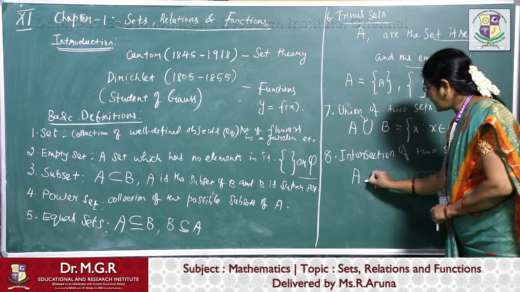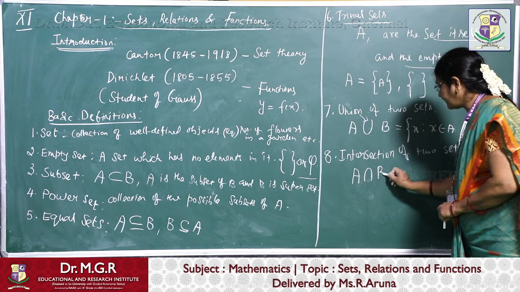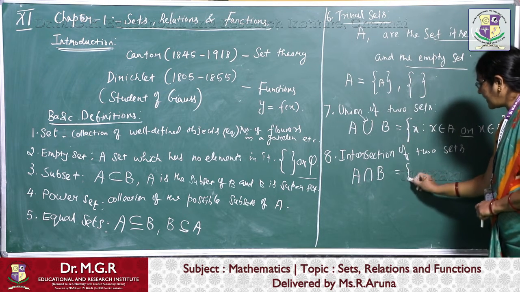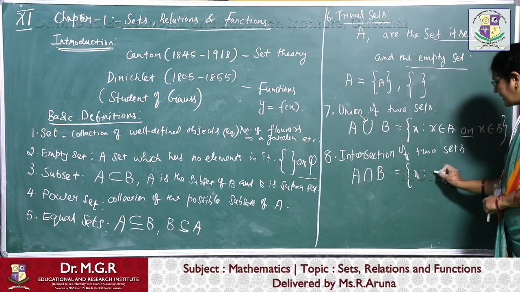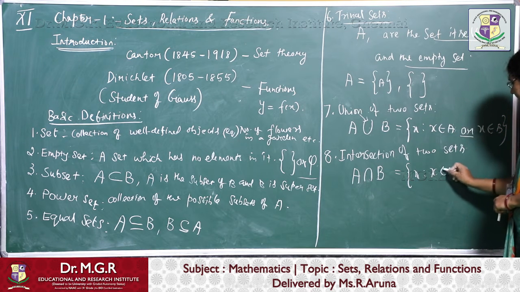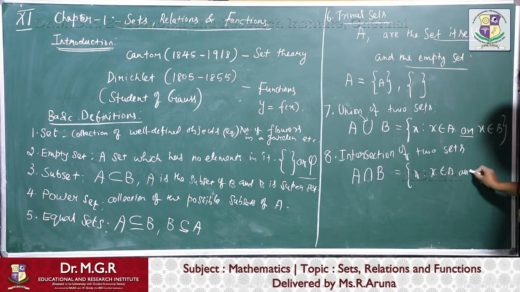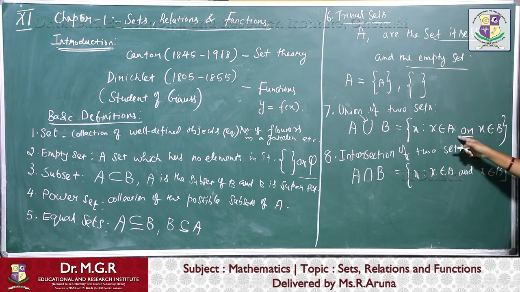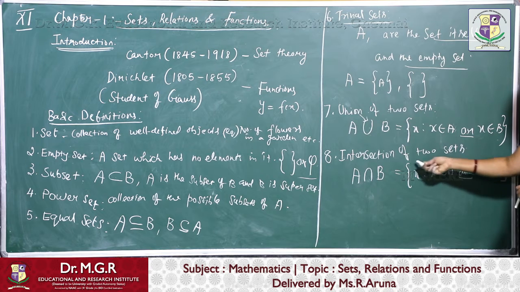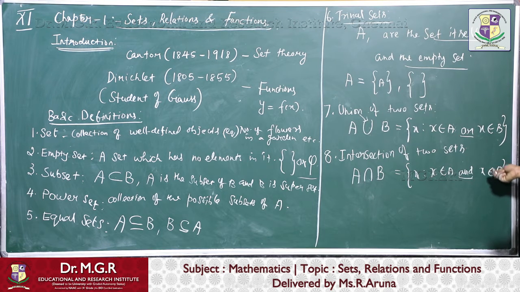Intersection is denoted by the inverted U. It is the set of all x such that x belongs to A and x belongs to B. As I said for the union of two sets, here the conjunction word 'and' is very important. 'And' means you should include the common elements of A and B. But whenever you say union, it is either from A or from B.